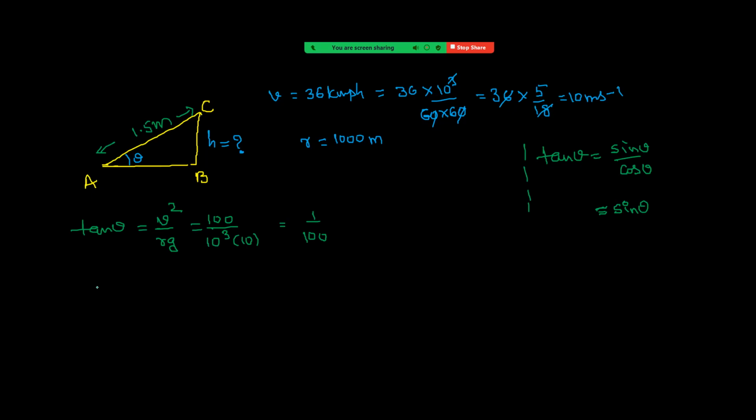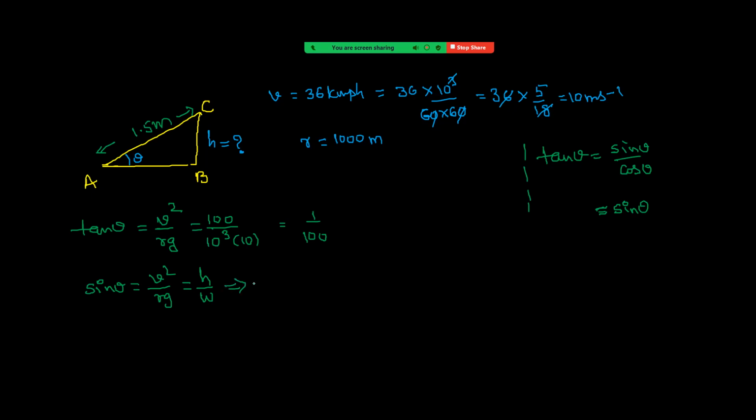So here sin theta equal to v square by rg, right? In place of sin, we can write from the diagram, it is h by width of the road. Take it as w. W stands for width of the road.